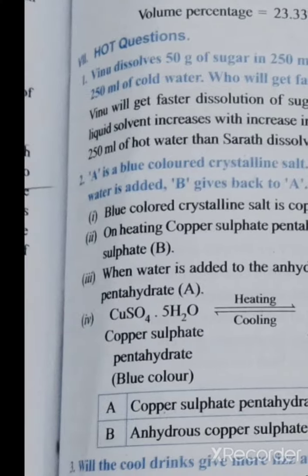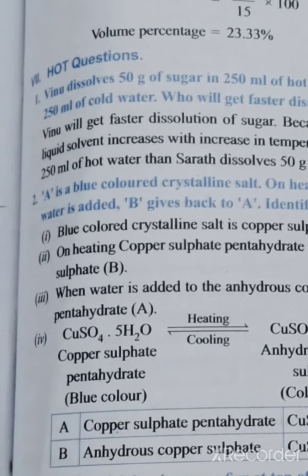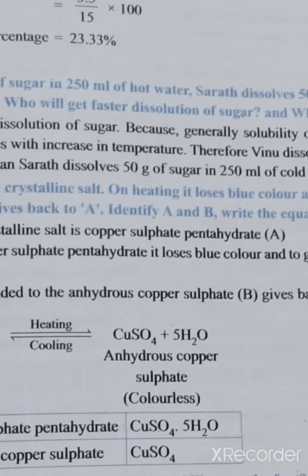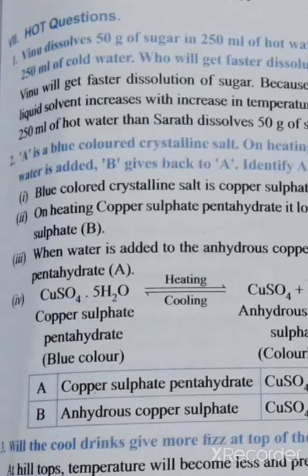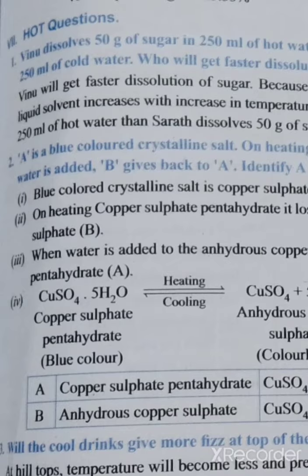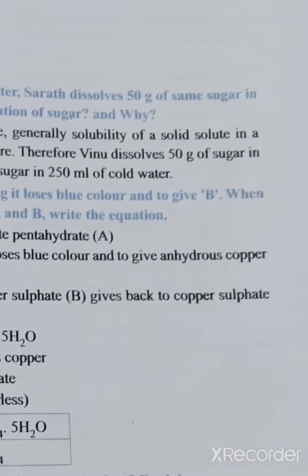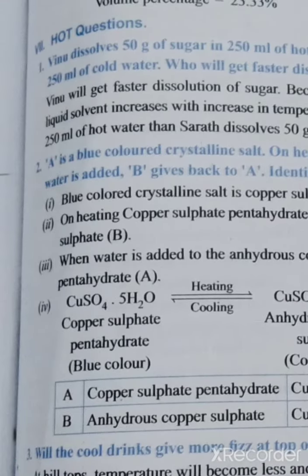So A is copper sulfate with 5 moles of water, and B is copper sulfate without 5 moles of water. Then when water is added to the anhydrous copper sulfate, B gives back copper sulfate pentahydrate.